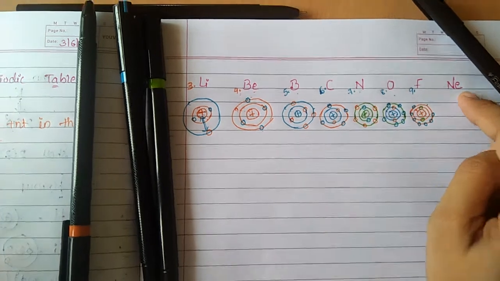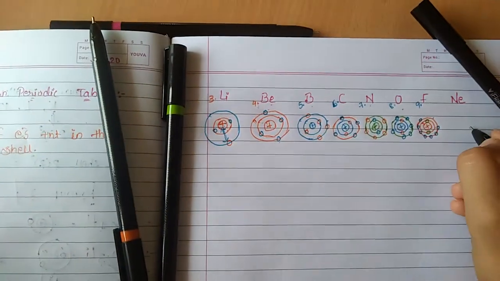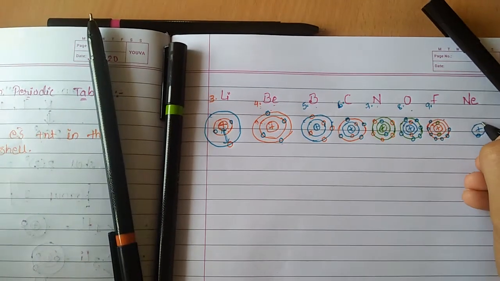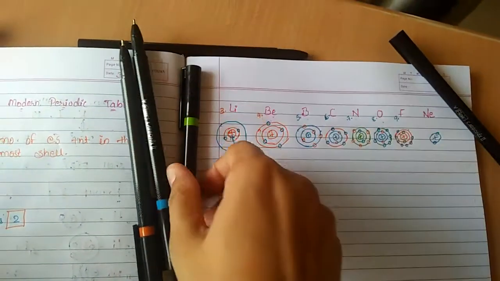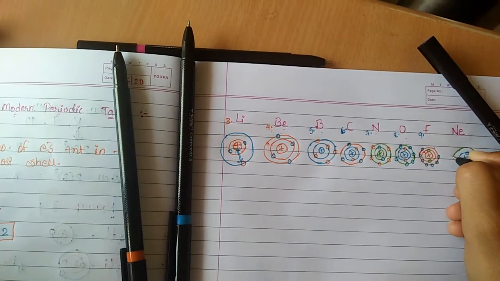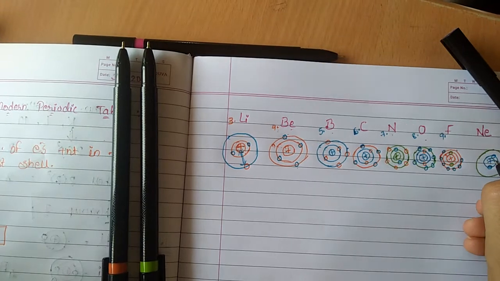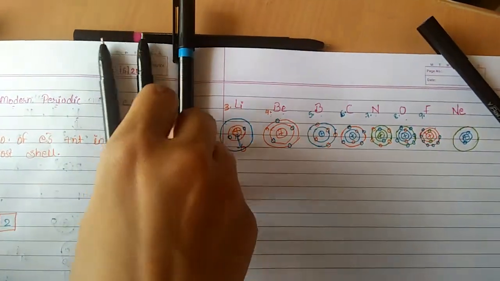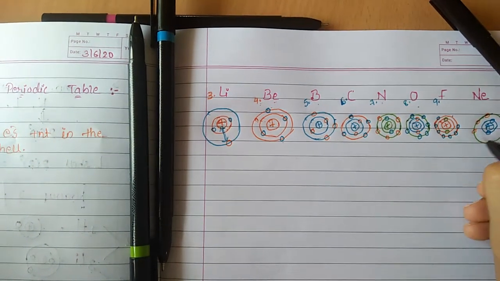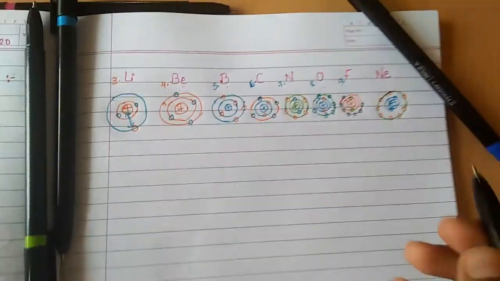On moving to neon, the first shell can accommodate 2 electrons and the second shell can accommodate 8 electrons, 1, 2, 3, 4, 5, 6, 7 and 8.